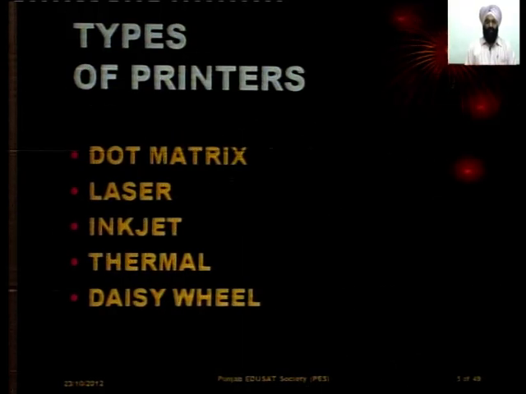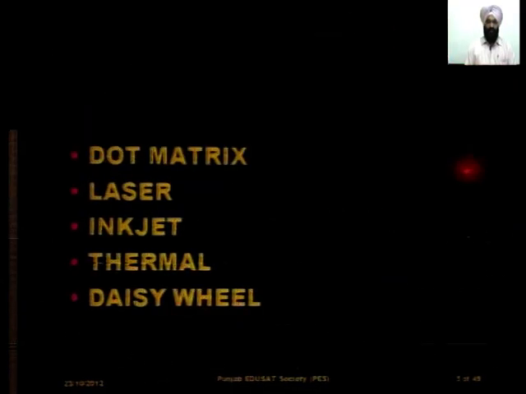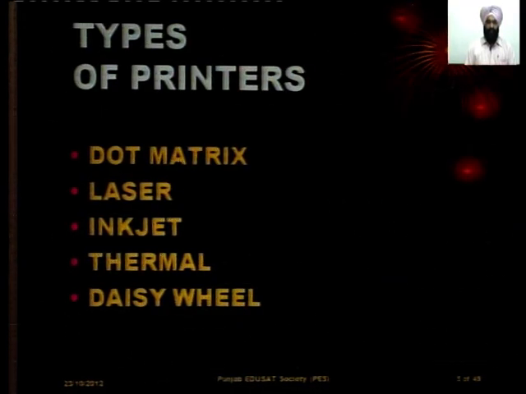There was only this kind of printer due to its low cost and the working efficiency was good at that time within the available printers, but nowadays inkjet and laser printers are mostly used, and thermal and daisy wheel printers are also not used these days.